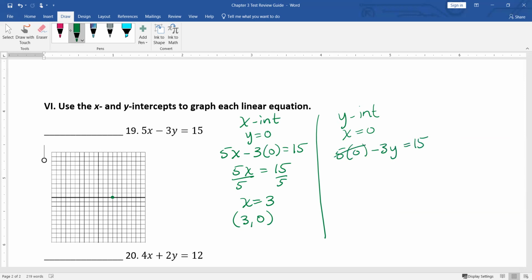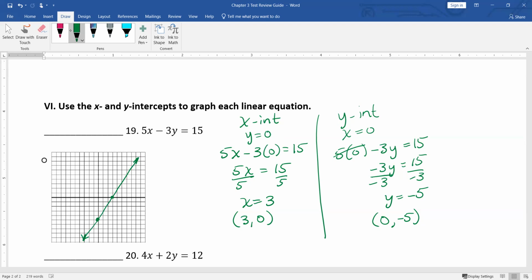So that just gets negated, and it's negative 3y equals 15. We divide by negative 3, y equals negative 5. So the y-intercept is 0, negative 5. So start at my origin, go down 1, 2, 3, 4, 5, right here. And so now we have 2 points, and we can graph our line. We'll try.